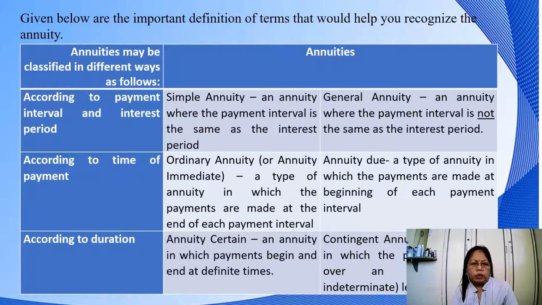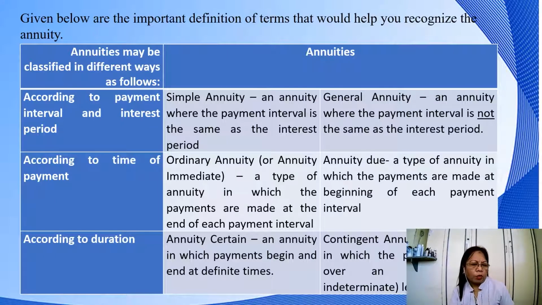According to time of payment, an ordinary annuity or annuity immediate is a type of annuity in which the payments are made at the end of each payment interval. Annuity due is a type of annuity in which the payments are made at the beginning of each payment interval.